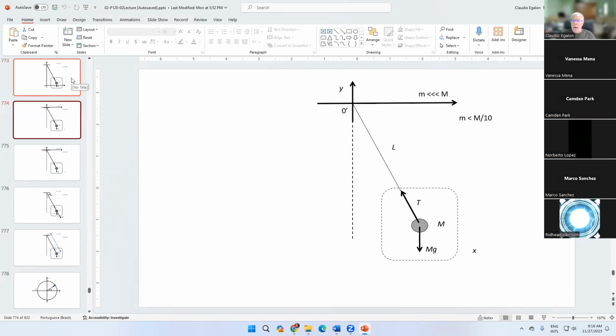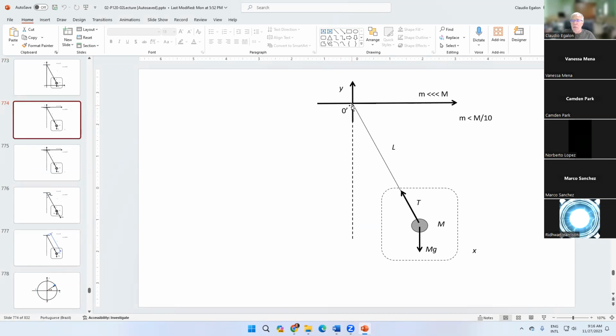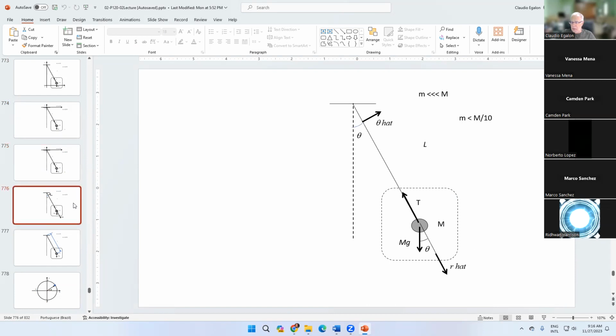But we are better off putting the origin right in here to facilitate the solution of this problem. And here you go, we identify the forces.